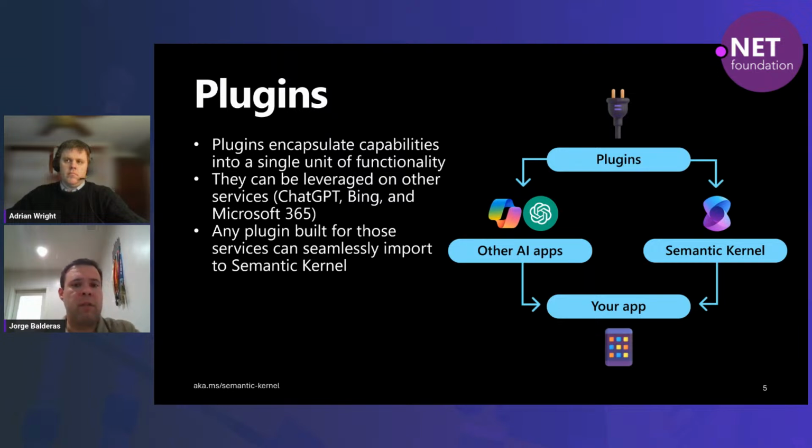You're essentially leveraging a RAG, retrieval augmented generation pattern, but tapping into your functionality. It's the same pattern that you could do with your data, except you can do it with APIs and essentially any code in your application.